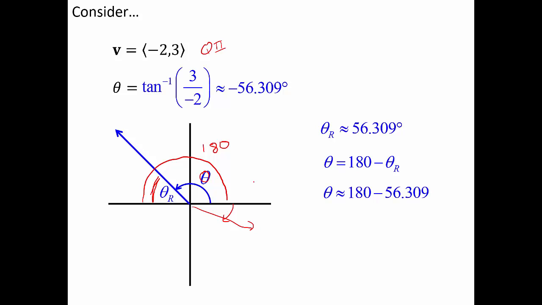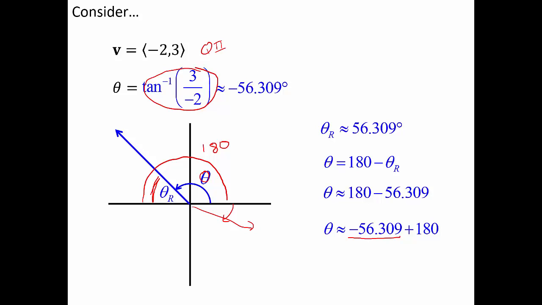Now, look at that statement that I have right there, 180 minus 56.309. Let me just reorder the terms, just because I want to. Instead of 180 minus 56.309, I'm going to do -56.309 plus 180. Well, this piece right here is exactly what this piece right here says.